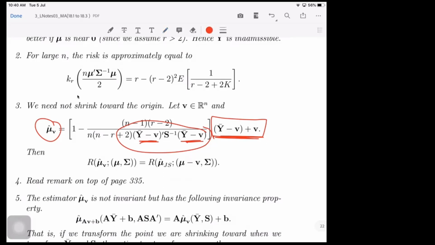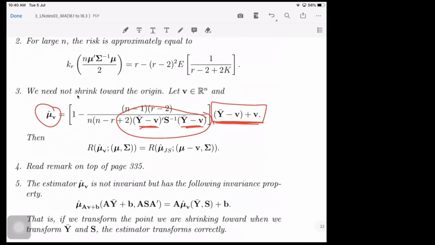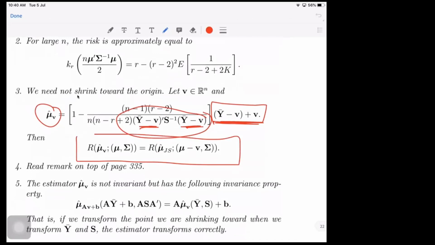But the advantage is that there is a new estimator with respect to a new shrinking origin. It's just the same as the original James Stein, except that you adjust it to mu minus v.